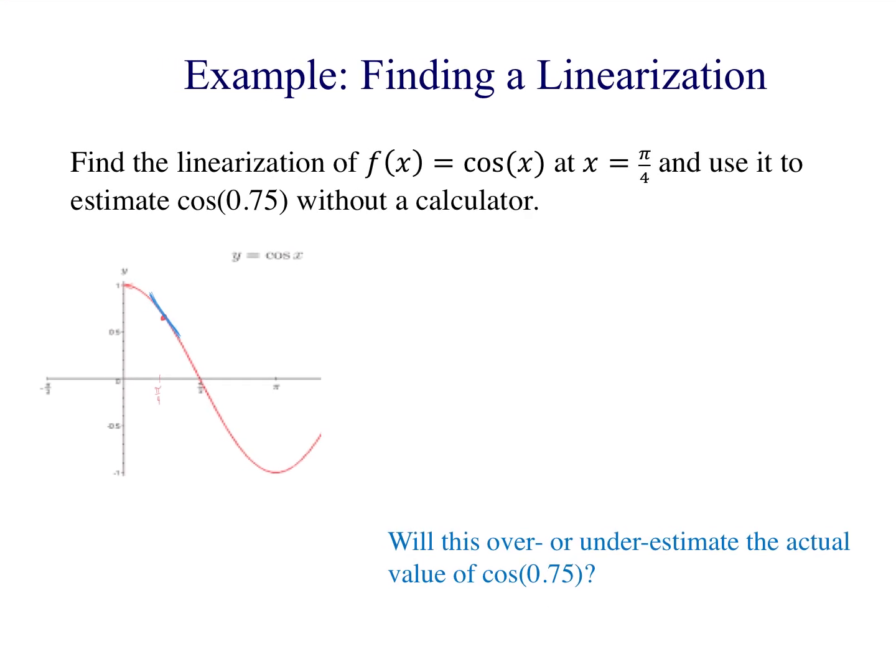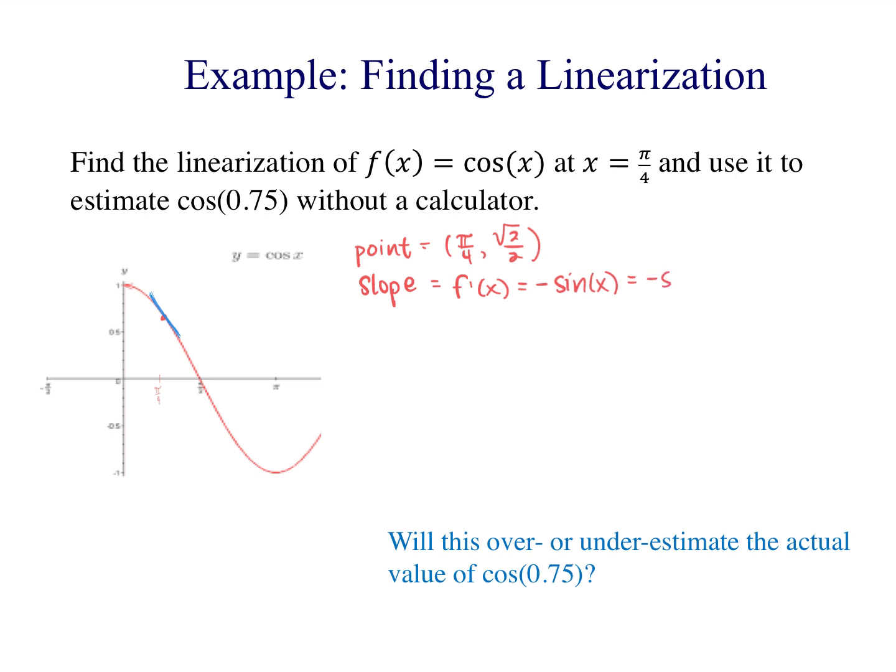All right, so our point is going to be the value pi fourths, and then the cosine value, square root 2 over 2. The slope is going to be the value of f prime, which is negative sine of x.